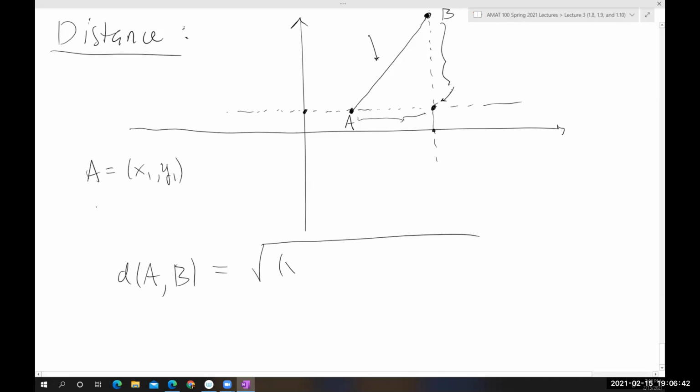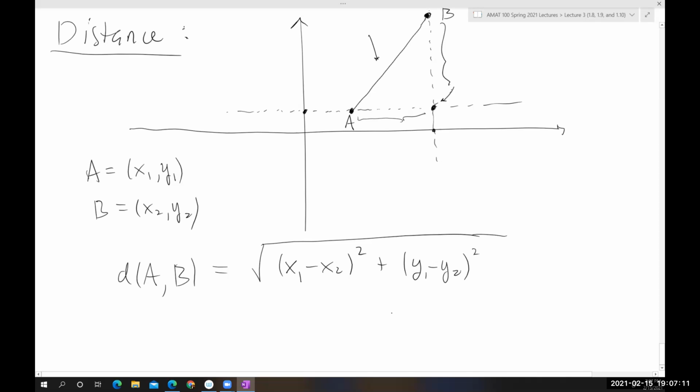These points are described by ordered pairs. So A is equal to x1, y1, and B is equal to x2, y2. So the distance between A and B is just the Pythagorean theorem, which is the square root of x1 minus x2 squared plus y1 minus y2 squared, which gives you the distance squared.